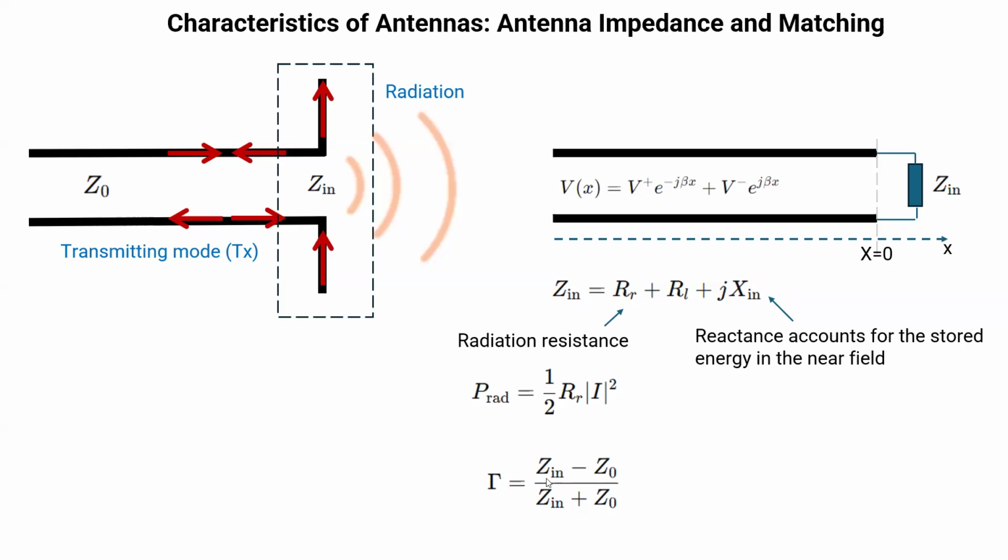It depends on the input impedance of this load, of this antenna, and Z sub 0, which is the characteristic impedance of the transmission line, which is usually a real value. For coaxial cable, it is a standard 50 ohm.